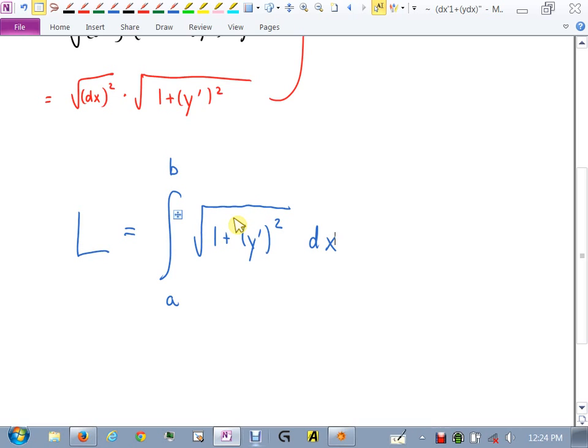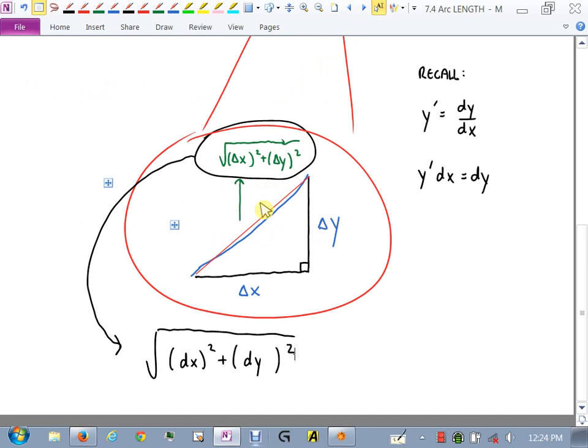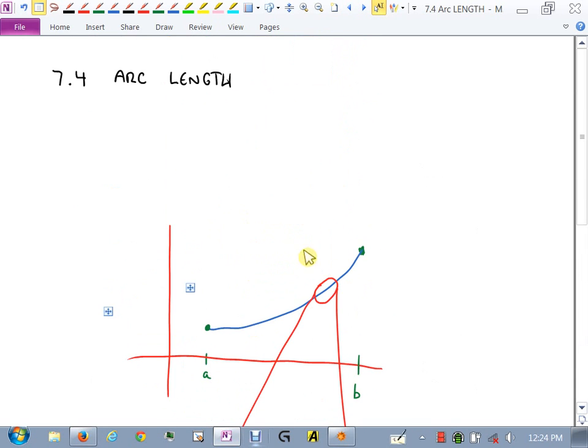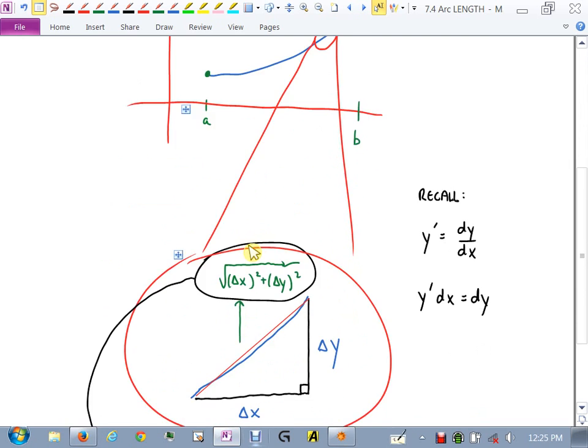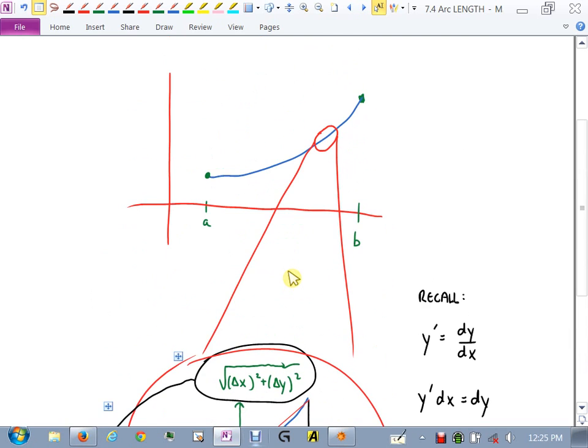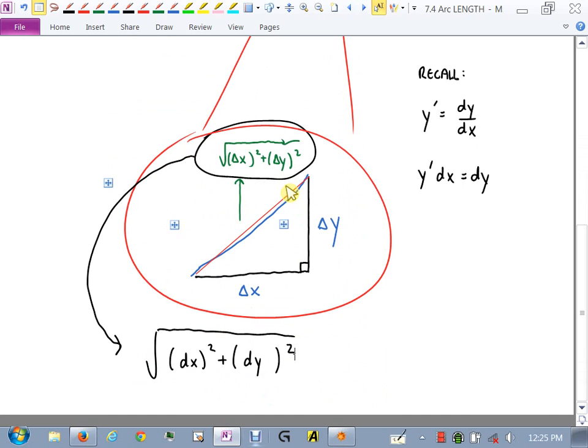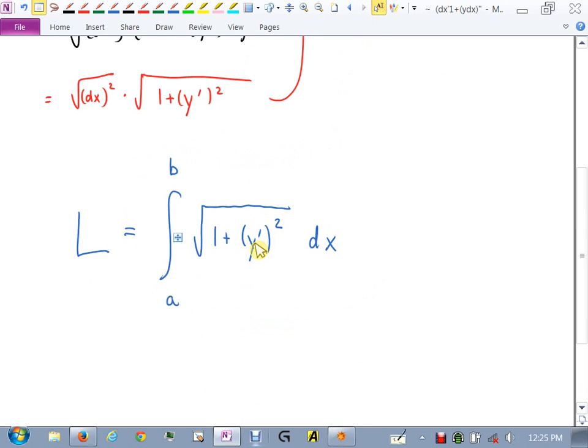You're saying if this was a function of x instead of y, you could set it all up the same way, except what would change here would be, what do you think, x prime, and this would be dy.